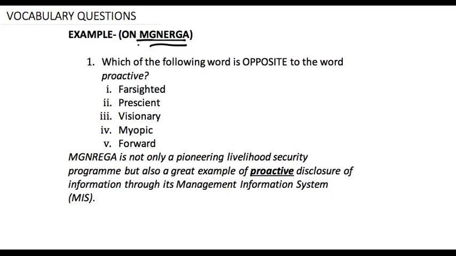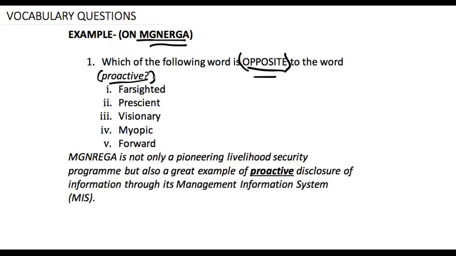The reason that I have not given the passage before is because I want to show you how to go through certain questions without going through the passage at all. So in this question, the question is, which of the following words is opposite to the word proactive? Now it's just given, we just know that we have a word called proactive and we want to find out a word which is opposite in meaning to this word.